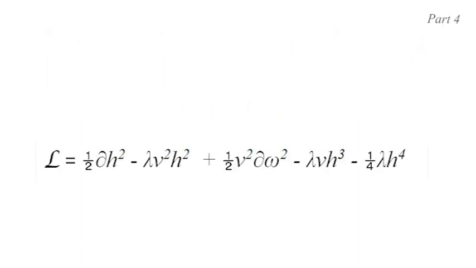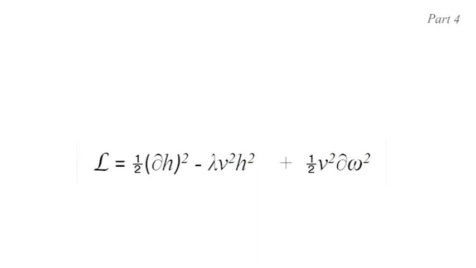You should realize at this point that the two components of the field, or the two fields, are h and omega. H is the radial vibration and omega is the angular changes. These cubic and quartic terms in h can now be ignored as self-interaction effects, leaving us with, now we are there.